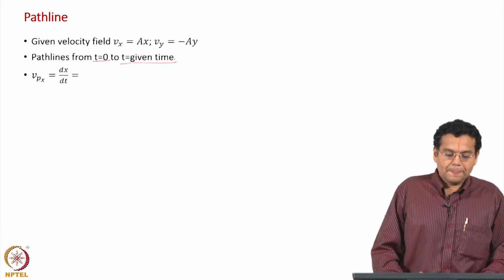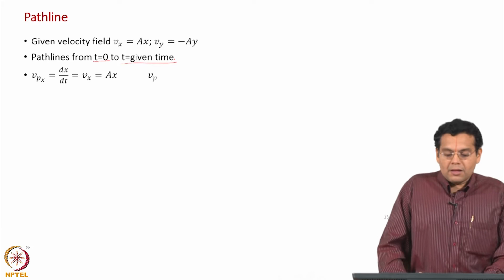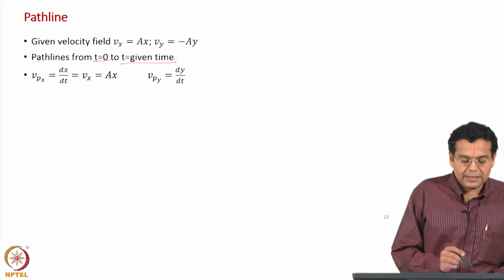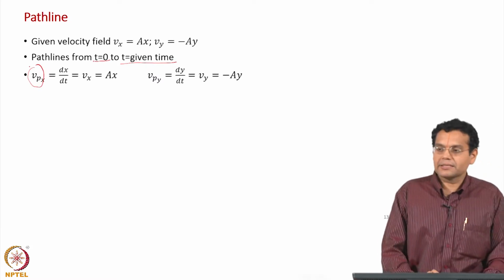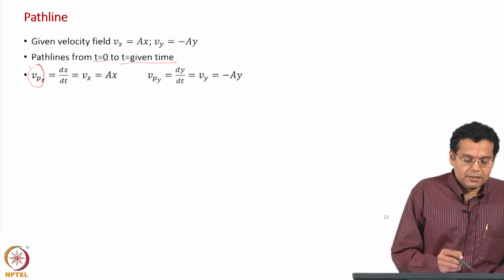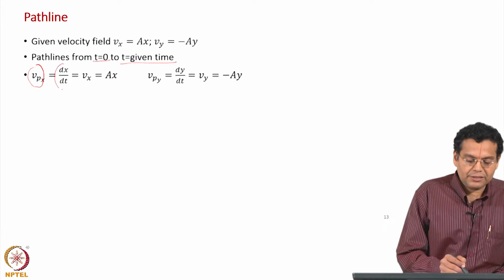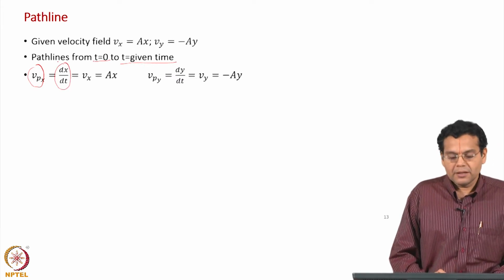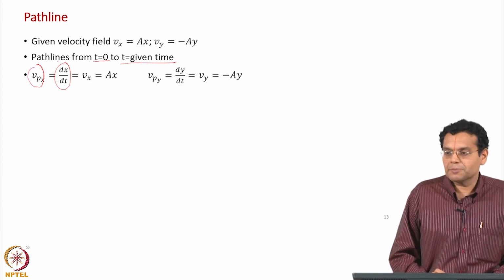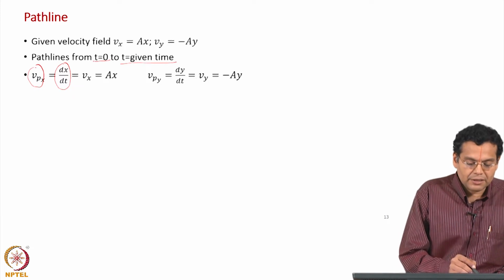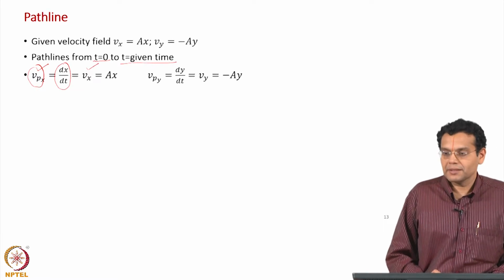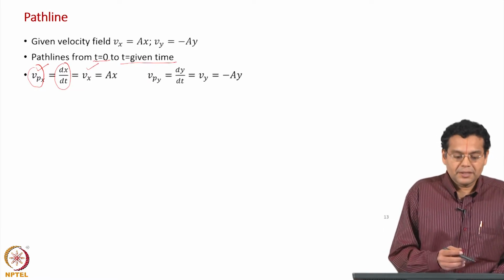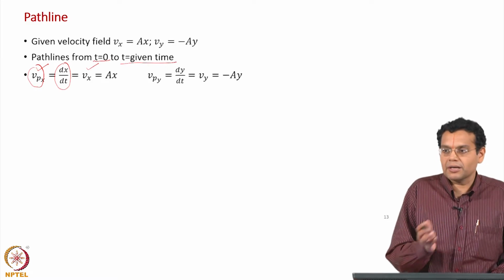Now, how do we start? The velocity of the particle in the x direction is given by the rate of change of its x coordinate. Remember, we have used this principle that at a particular point at an instant, the velocity of the fluid particle is the same as the local velocity given by the velocity field, relating the Lagrangian viewpoint to the Eulerian viewpoint.